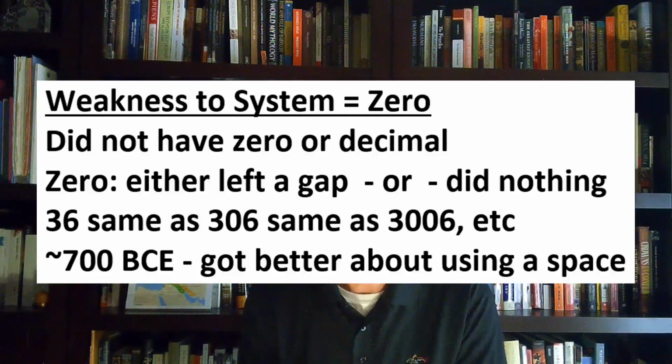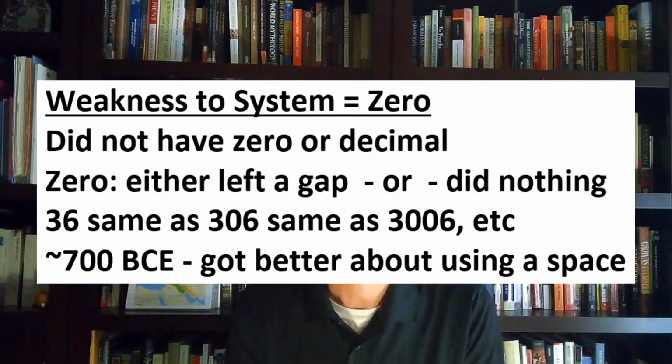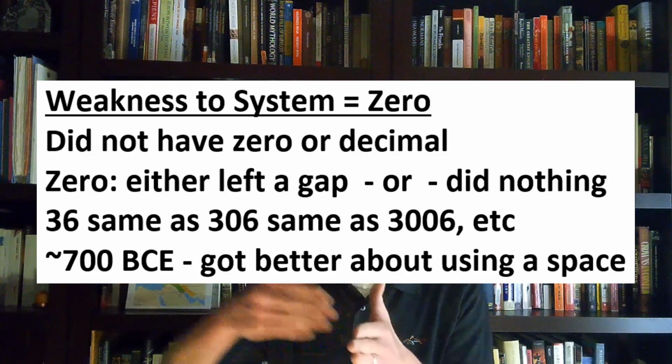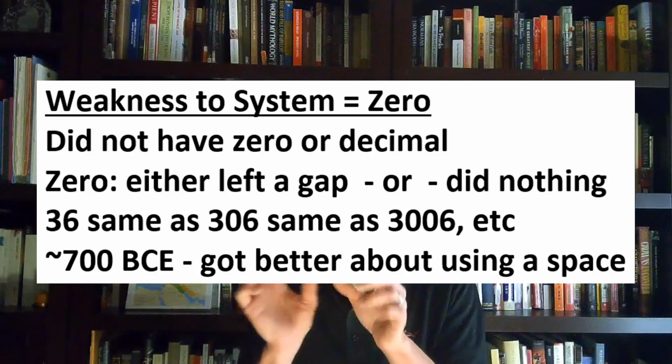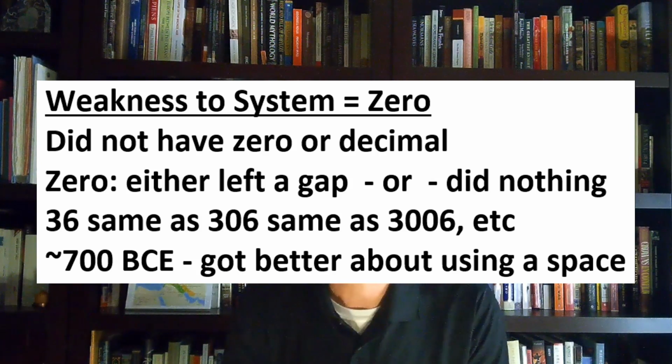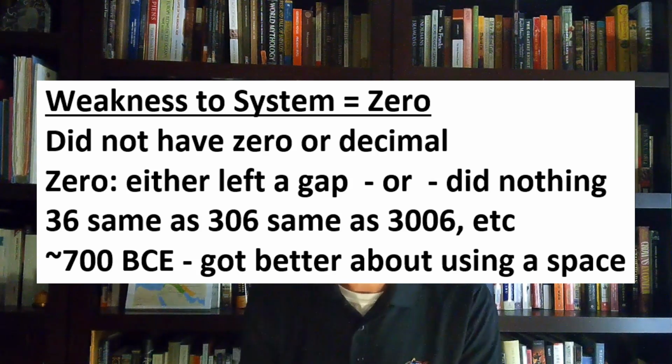Now let's talk about kind of a weakness to their system. At least I'll call it a weakness in our minds. That is, they did not have a zero. And so they would either leave a gap, especially in later times, to signify a zero or a nothingness. But in earlier times you may not even have that.